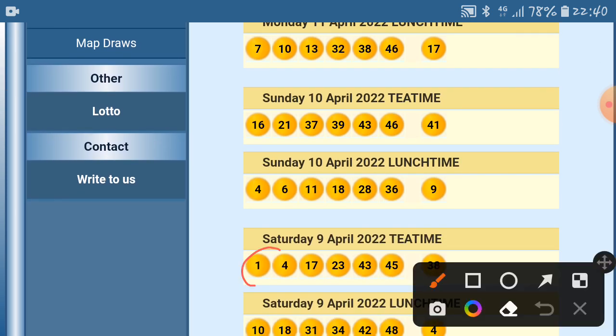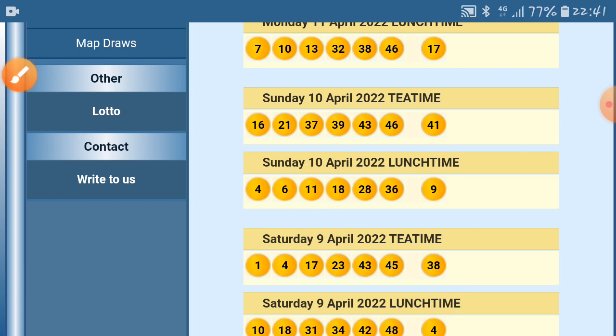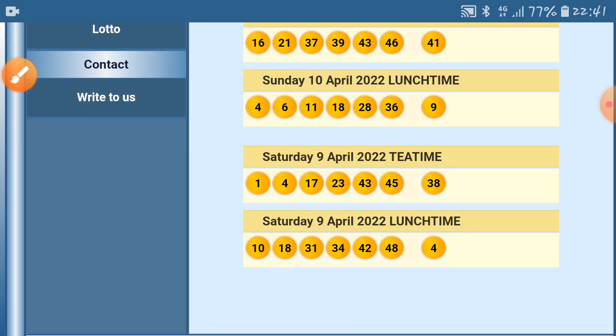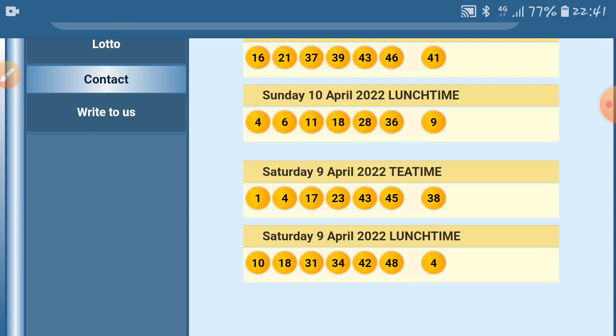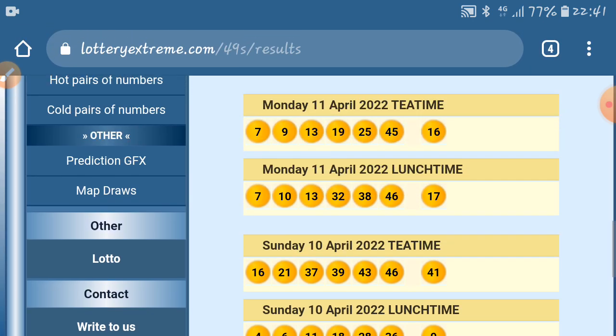If you see here, we've got 1 and 11. The 4 is alone.